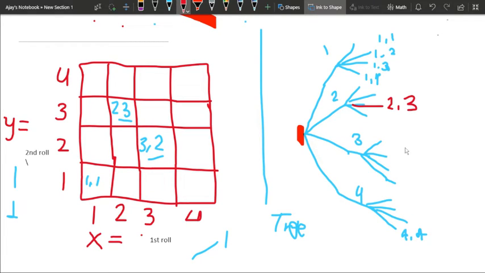Notice that in this tree we once more have a distinct sum. The outcome 2 followed by a 3 is different from the outcomes.